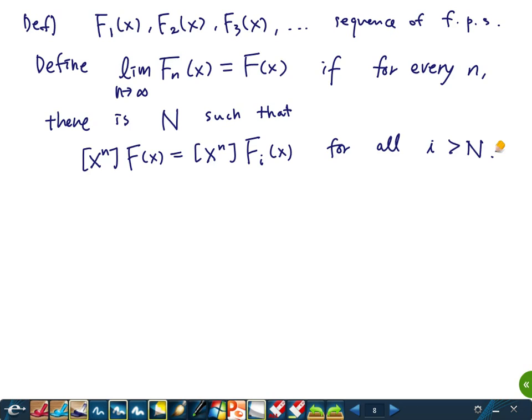What it basically means is that if you look at each coefficient, it will eventually become stable.